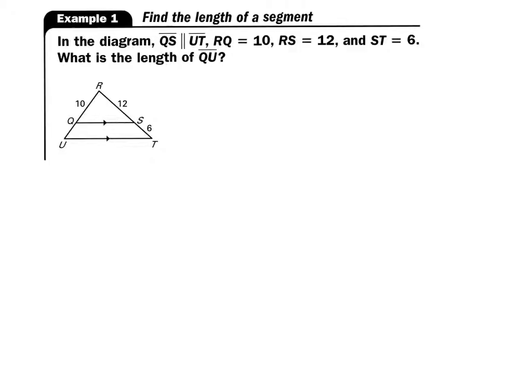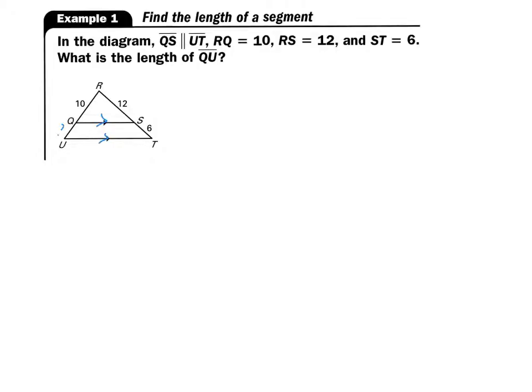In the diagram, QS is parallel to UT. It's right here. And RQ is 10, RS is 12, ST is 6, and what is the length of QU? So all we really need to do, because we know that they are parallel, is find the ratios.